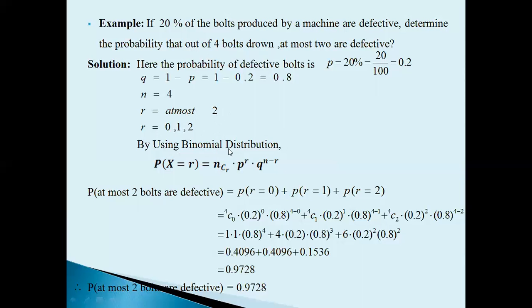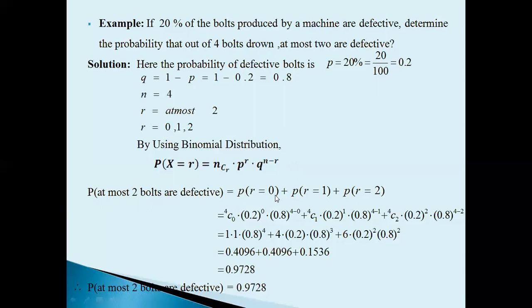Then by using the binomial distribution, the formula is nCr into p raised to r into q raised to n minus r. To find the probability that at most 2 bolts are defective, it is equal to probability of r equal to 0 plus probability of r equal to 1 plus probability of r equal to 2.